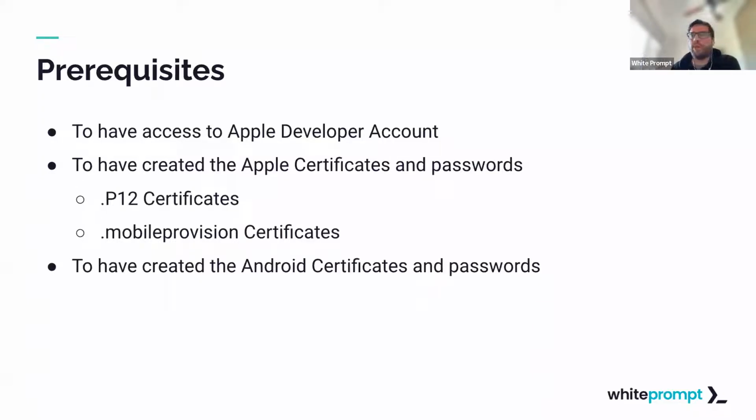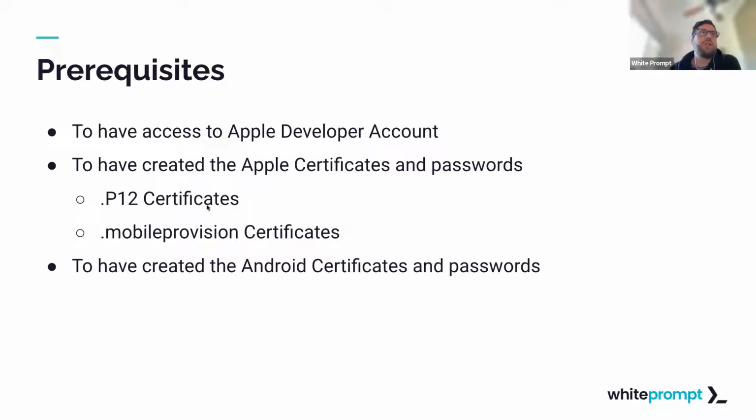So the prerequisites in order to distribute the application is to have access to the Apple developer account, because we need to create the certificates in order to be installed into physical devices, because Apple won't allow you to do that otherwise. So we need to create the certificates and passwords in Apple and on a Mac computer.